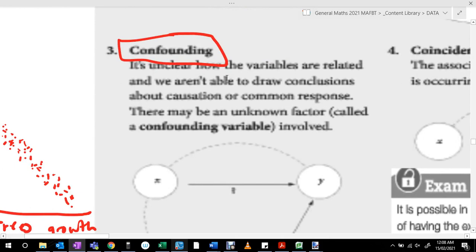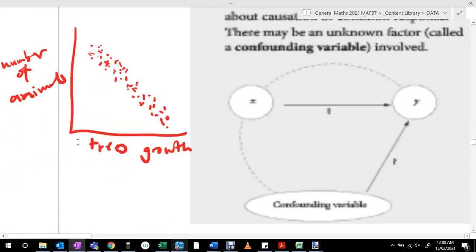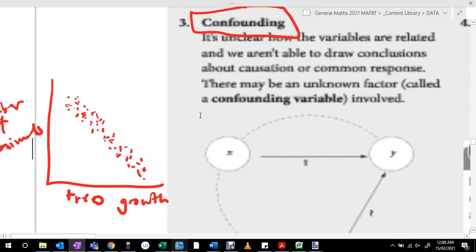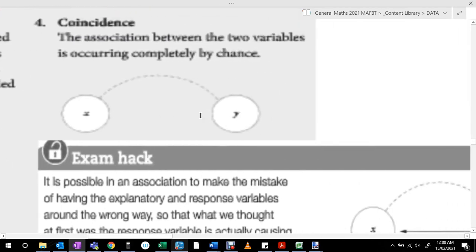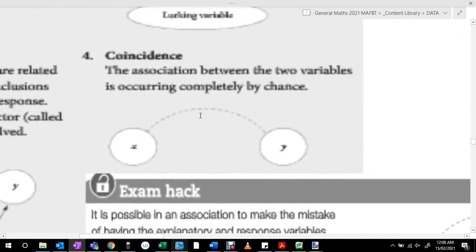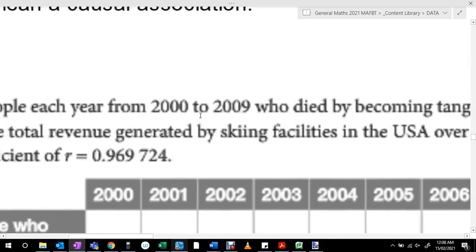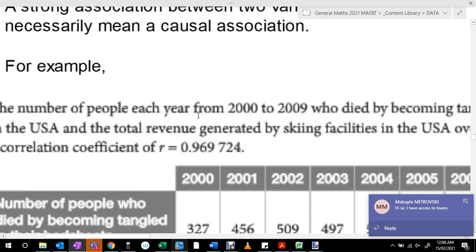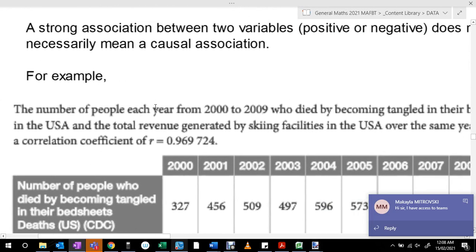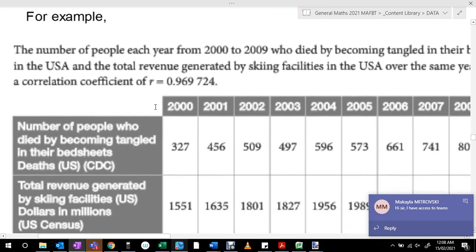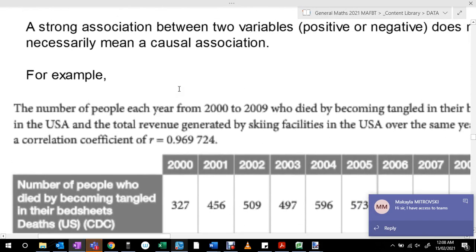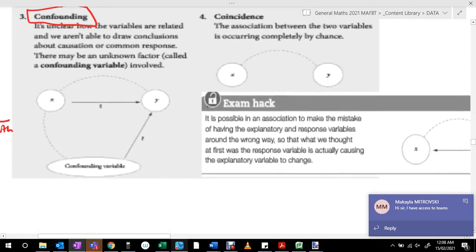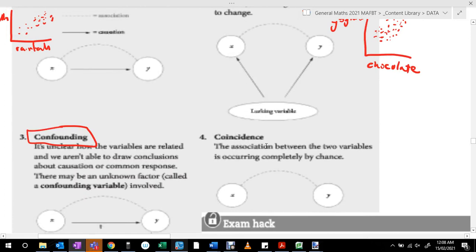But confounding means that for both variables, it's very unclear as to what is actually affecting them. And coincidence, an example of that is basically this one here, where I don't think that the amount of people dying is in any way related to the amount of money made from skiing. So it's just purely coincidental that both of them have a strong R value.